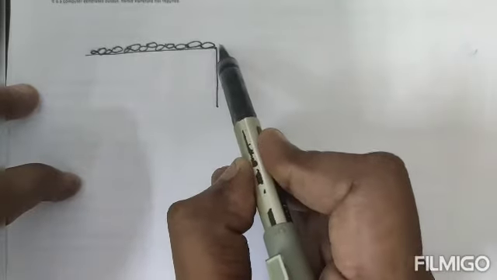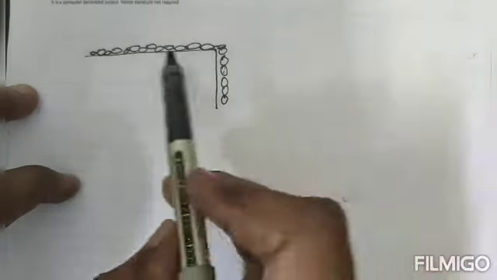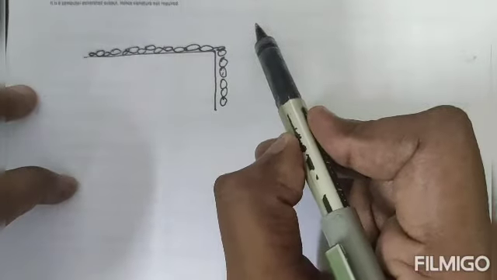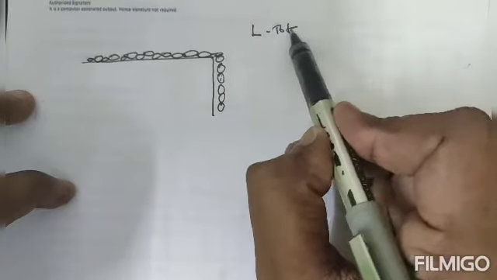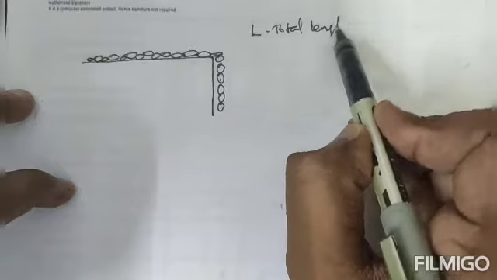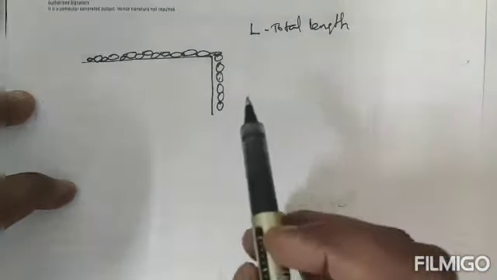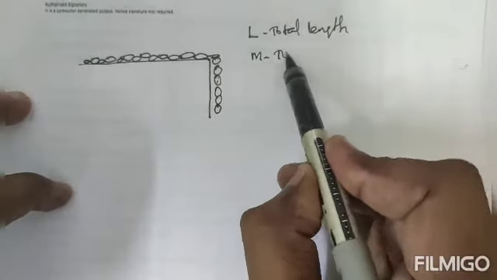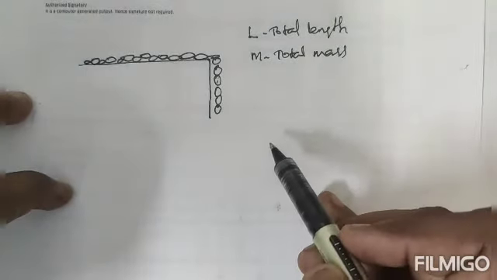Here the total length of the chain, let's consider as capital L. That is, capital L is the total length of the chain. Then the total mass of the chain is small m.